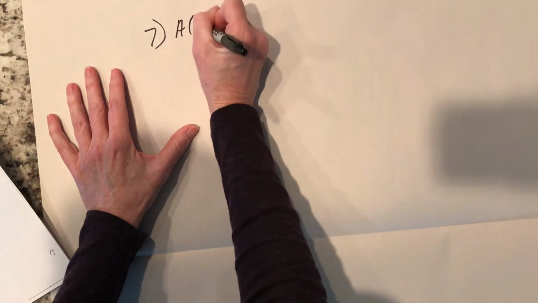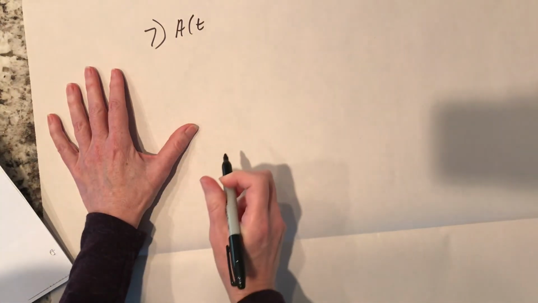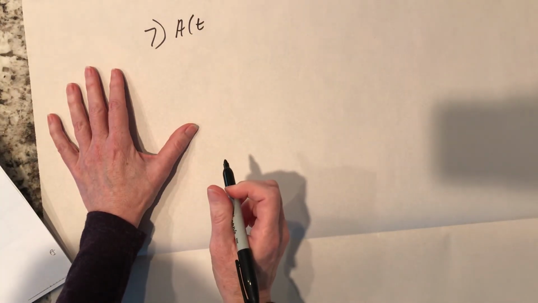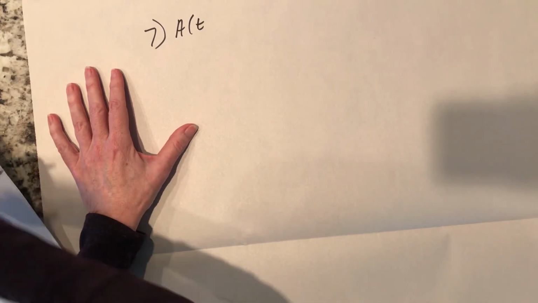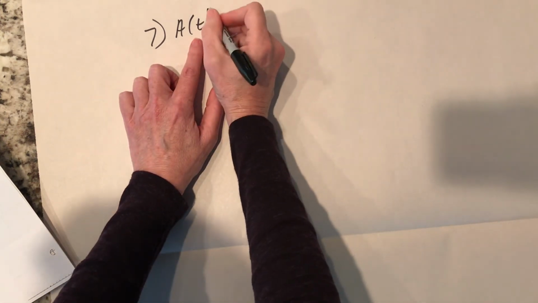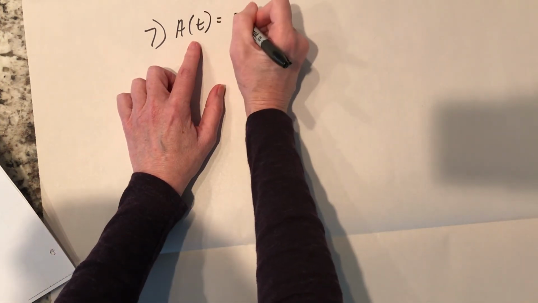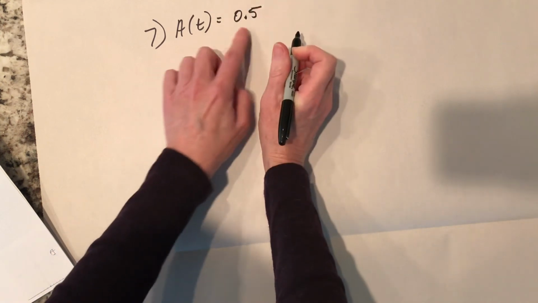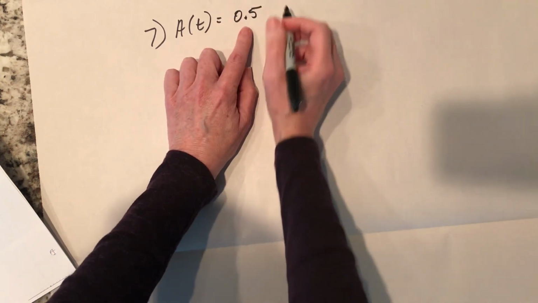So A of T, and T is going to stand for T years. So how many years? In this case, we're talking about 24,000 years. So A of T equals 0.5. That's the half a kilogram that we've got of plutonium.